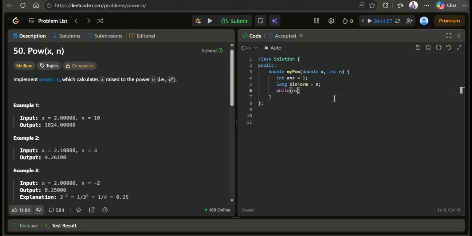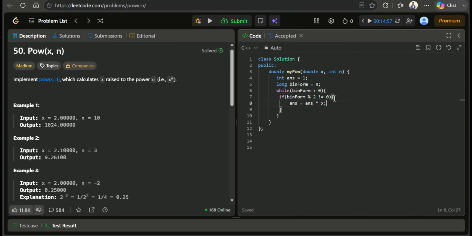Now, while my binary form is greater than 0, I'm going to check if my binary form, which I have right now, modulo 2 is not equal to 0. If it is 1, then only I will add that up in the answer. So answer is going to be answer multiplied by x.